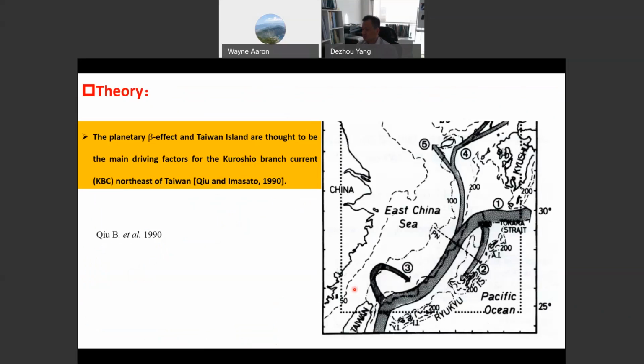Why is there a vertical structure like this? So we just review some theory work about the Kuroshio intrusion. For example, Bourdieu suggested that the planetary beta effect and the Taiwan Island are thought to be the main driving factors for the Kuroshio branch current northeast of Taiwan.